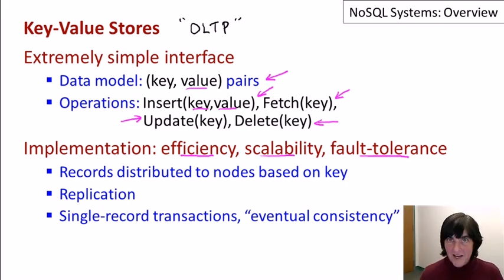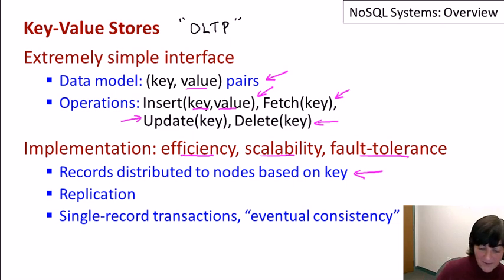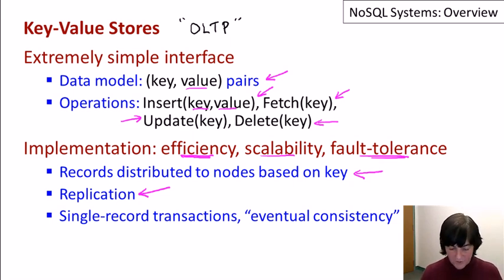At a very high level, the implementation works, though it's actually quite complicated to make it work really well, by distributing the records to the computing nodes based on the key, probably a hash value over the key. So to find the record for a given key can be very quick. You go straight to the node. In fact, the records may be replicated across multiple nodes, and that gives you both efficiency, since you can go to maybe a lightly loaded node, and fault tolerance if a node fails.